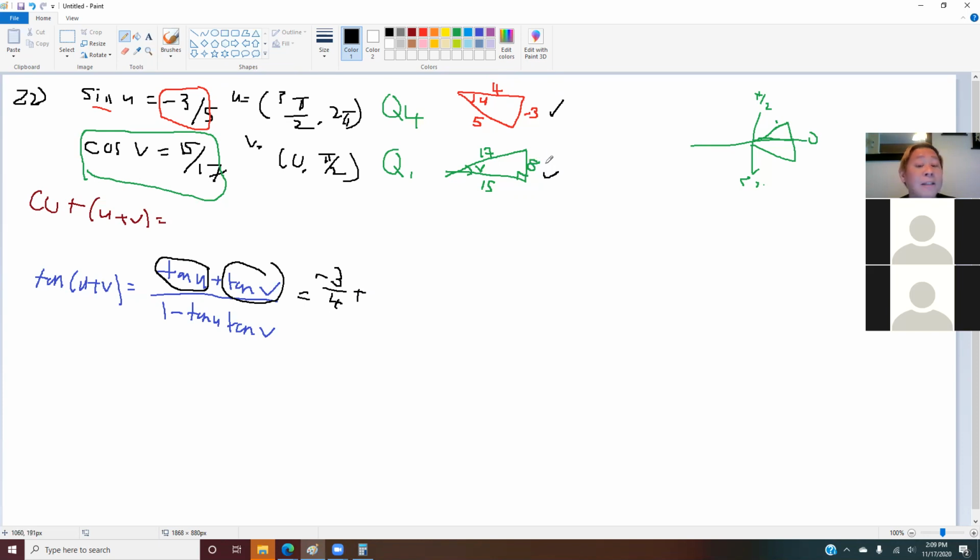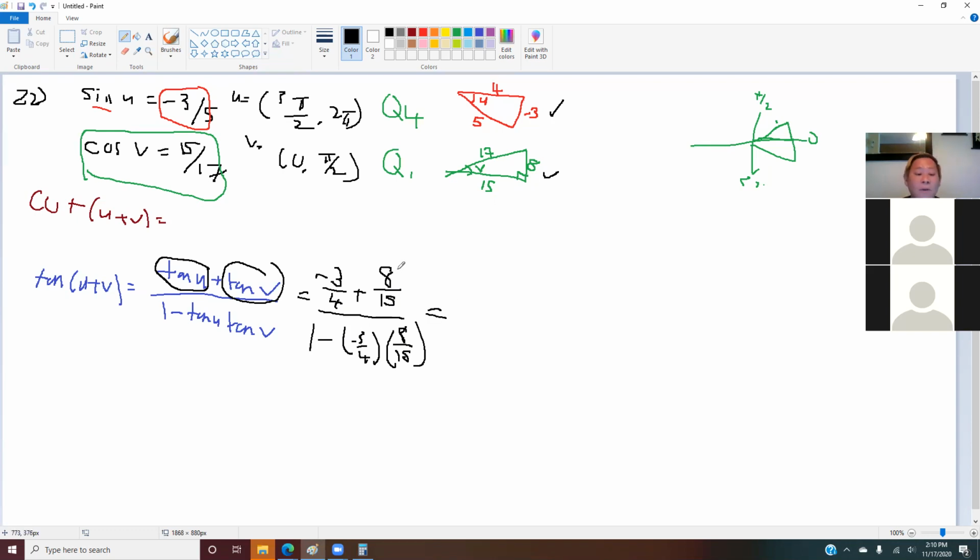It's not 8, this is right, sorry. It's 8 over 15. And then 1 minus tangent U, which is the one you just found, -3 over 4, and then tangent V is 8 over 15. So they all come from this triangle. That's why you have to use SOHCAHTOA to do it.